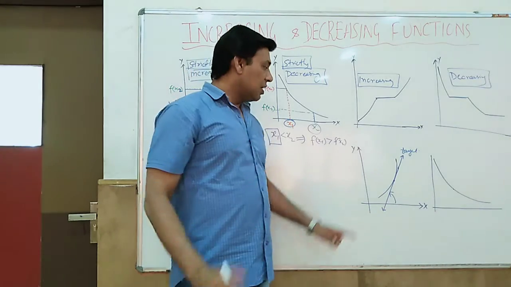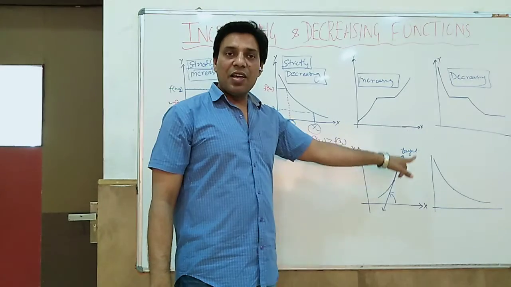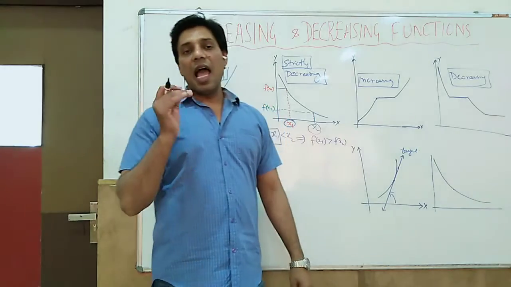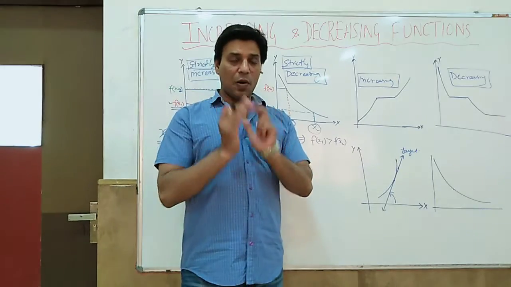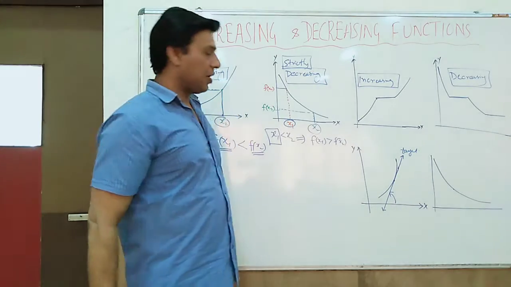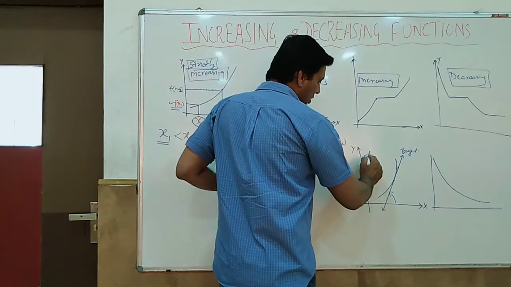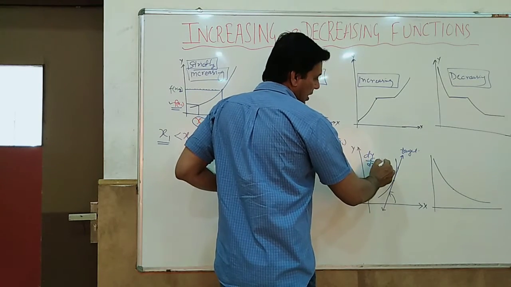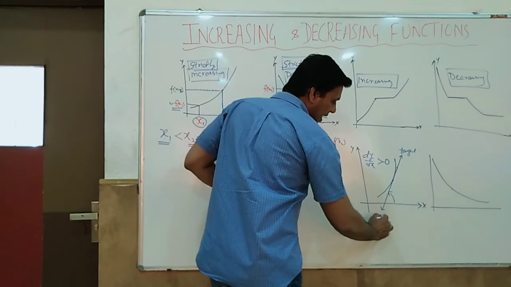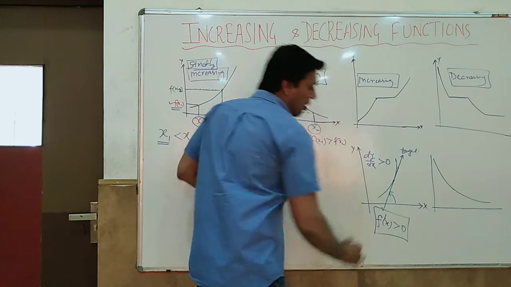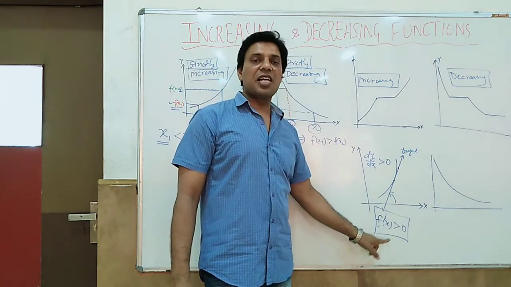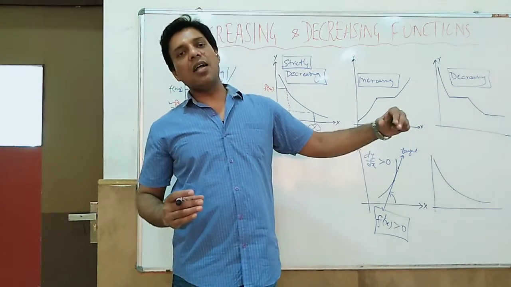It means if you draw a tangent anywhere to an increasing function, you will have an acute angle. It means the slope of the tangent will be positive. And you know the slope of the tangent is dy upon dx. It means for an increasing function, dy/dx is greater than 0, or you can say the derivative f'(x) is greater than 0, throughout the domain.